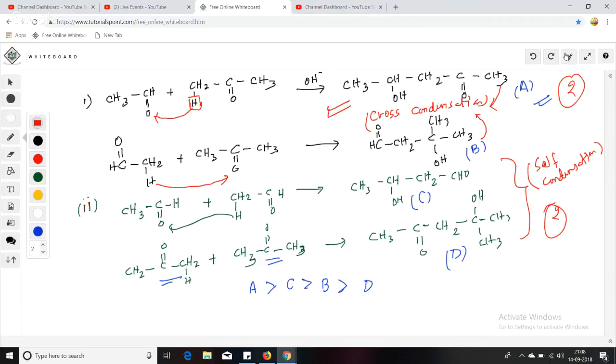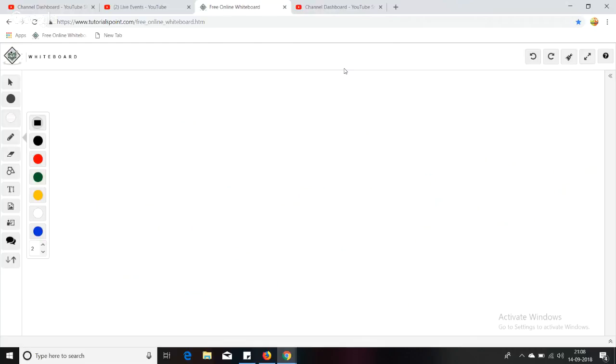We'll discuss this Cannizzaro reaction first, then we'll see some questions which have been asked in the JEE exam. See Cannizzaro reaction, in this also we take again two molecules of aldehyde.